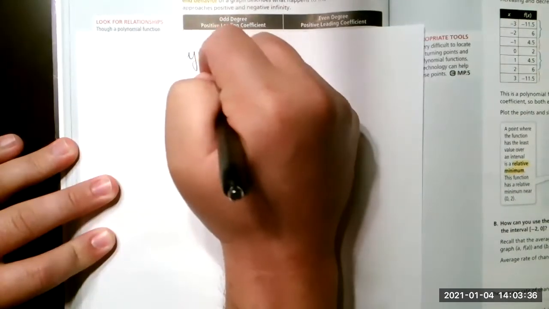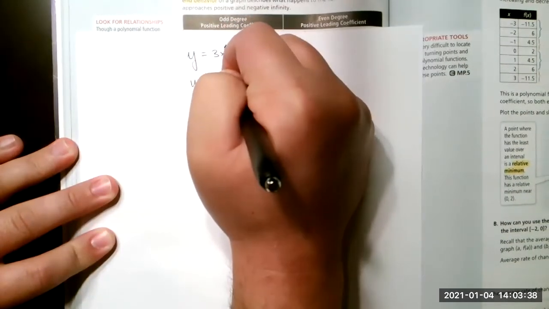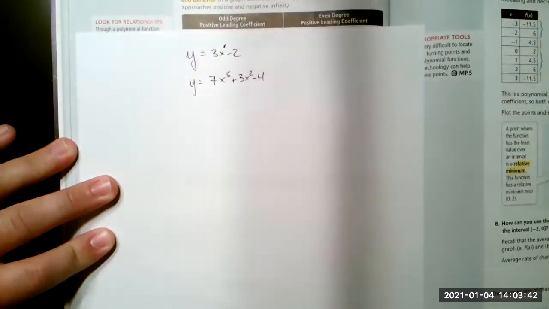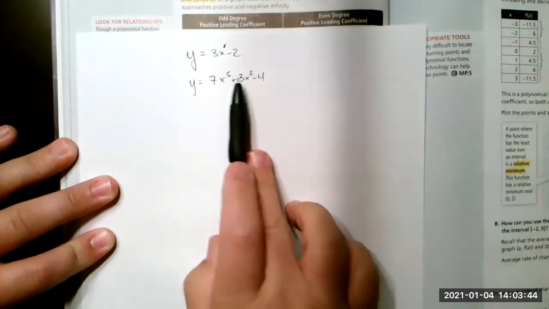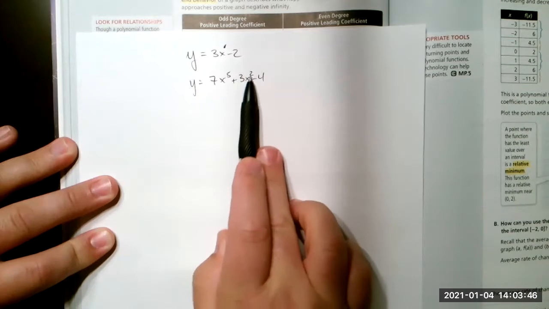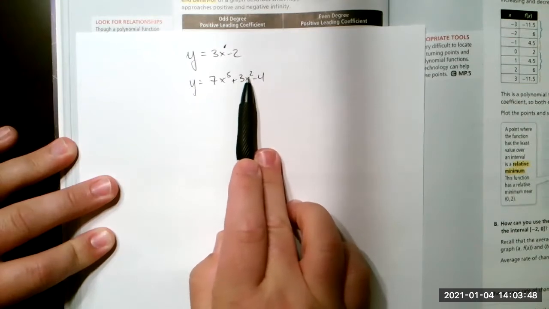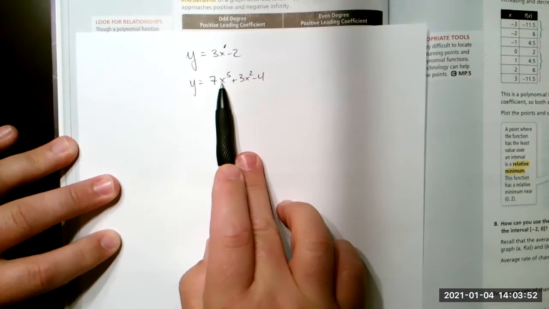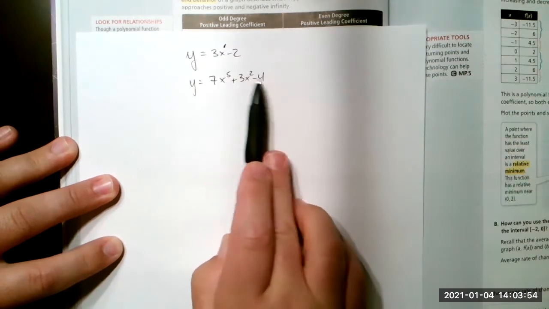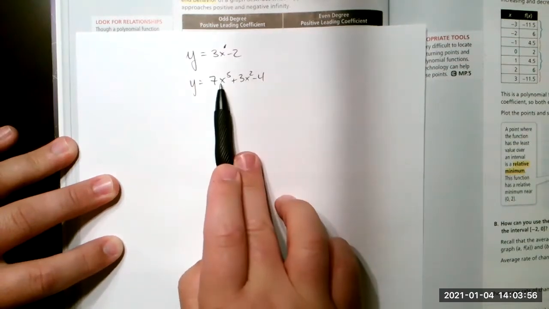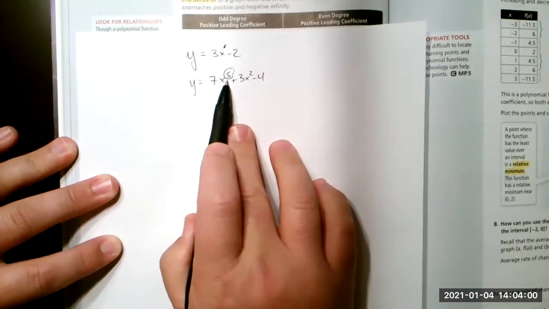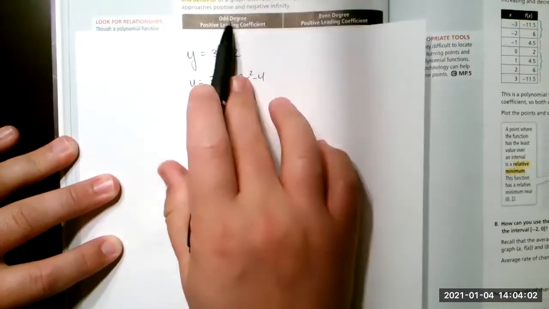Y equals 7x to the 5th plus 3x squared minus 4, right? Overall, yes, there's an x squared. That 2 is an even number, but you're looking at the overall, the highest degree that that function has. In this case, the highest degree out of all 3 of these terms is that x to the 5th. So because that 5 is an odd number, right, this is an odd degree function.